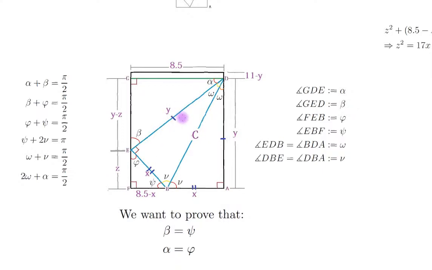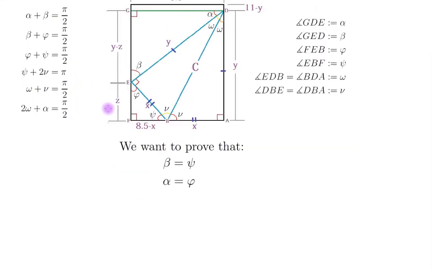Now, to be able to use the similar triangles, we need all these angles to be the same. And so here we want to prove that beta is equal to C and that alpha is equal to phi. Okay? Now, let's start by manipulating these equations.